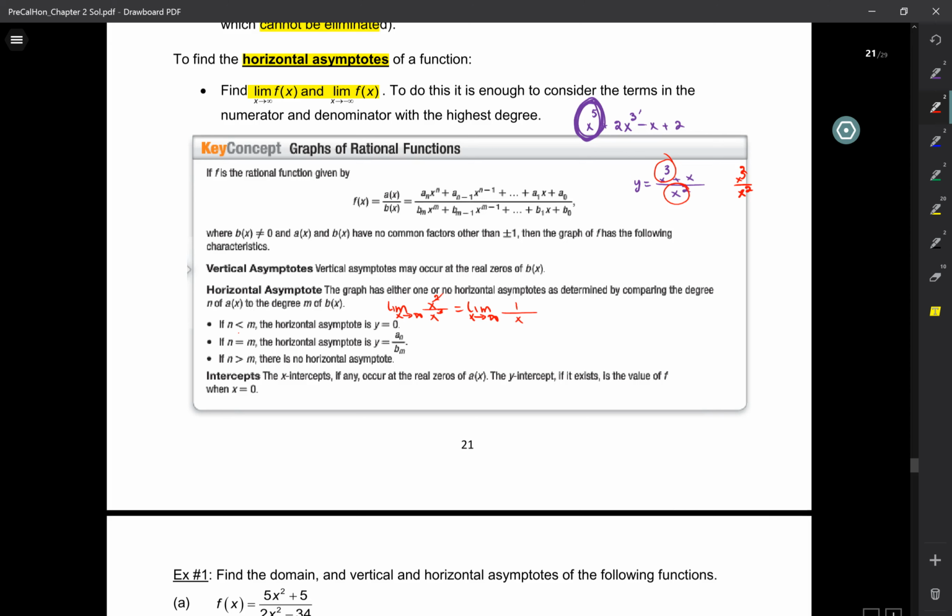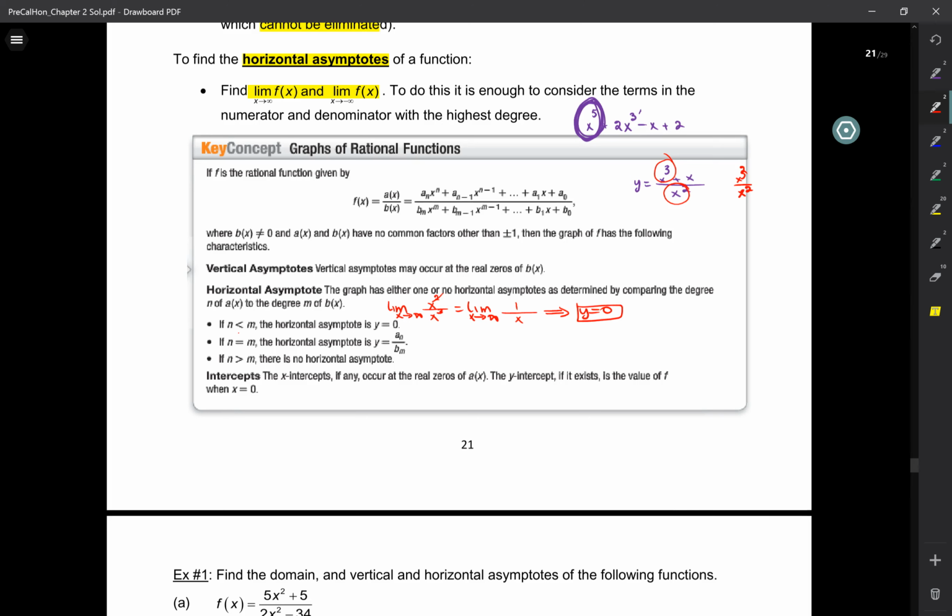When x becomes close to infinity, so when it's 1 over 1,000,000, 1 over 1,000,000,000, the entire fraction is going to be close to 0. So here the asymptote will be y equals 0. This is the case when the denominator has a bigger exponent. Your asymptote is always y equals 0.